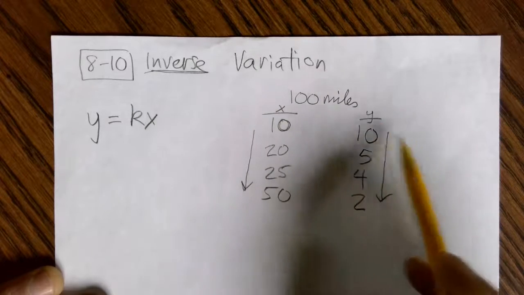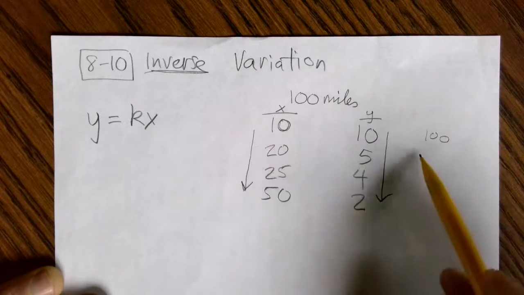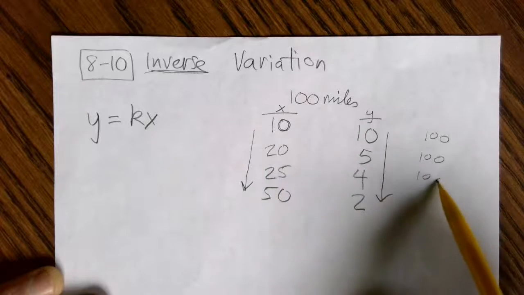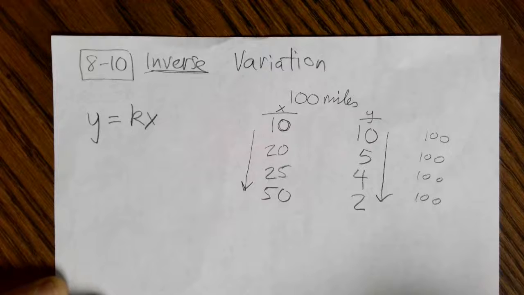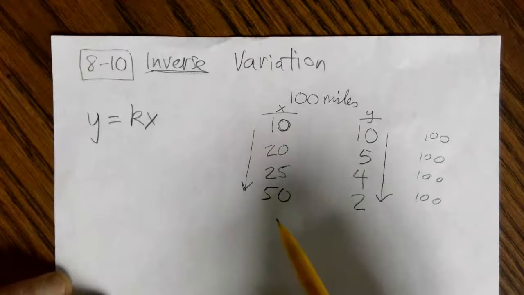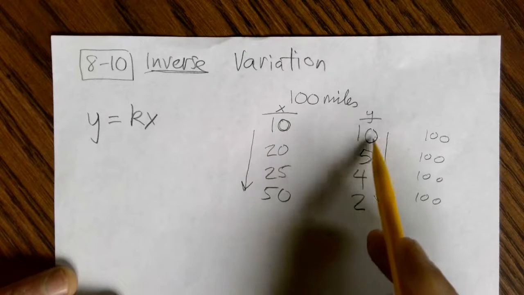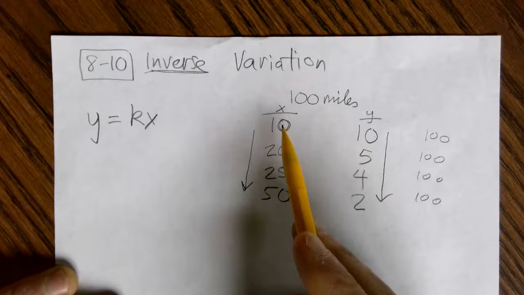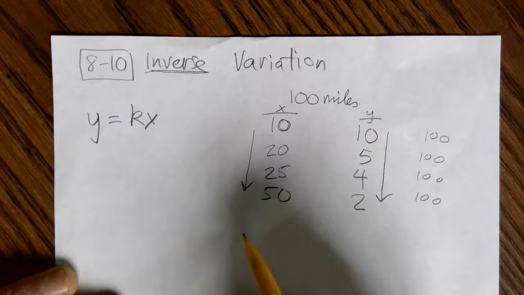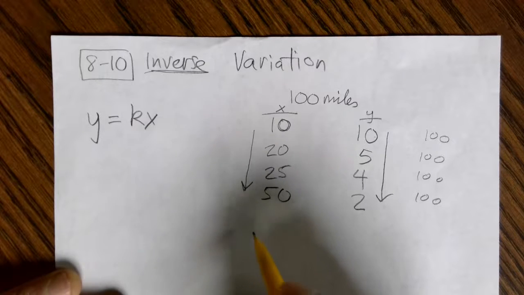Notice that 10 times 10 is 100. 20 times 5 is 100. 25 times 4 is 100. 50 times 2 is 100. They always multiply to be the same thing. What we're going to say is that y varies inversely as x. And when you see something that says y varies inversely as x, you're going to write it like this.